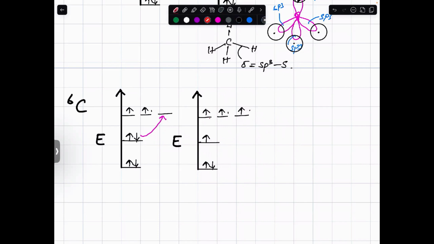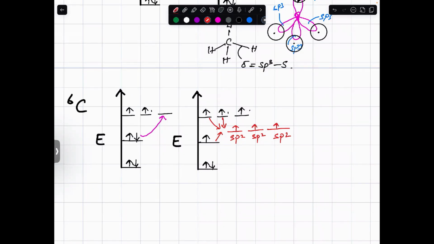Mixing of 2p and 1s. So what is formed? 3sp2, planar, just like the fan.